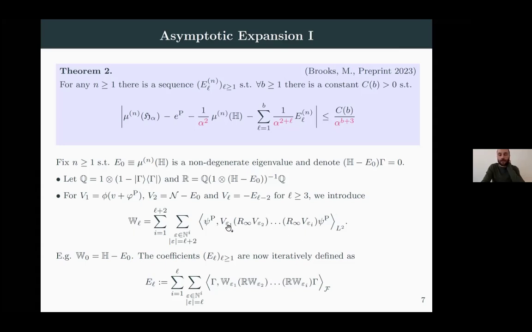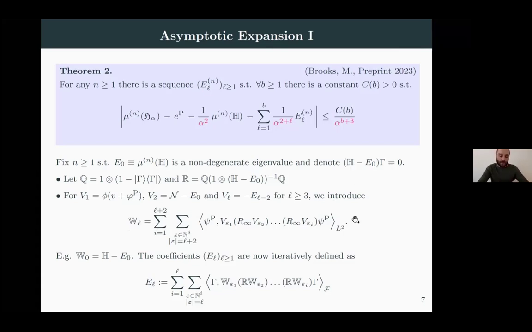And here we take again this partial expectation value in the Pekar minimizer. So these are still complicated operators on Fock space. And the coefficients E_L are now iteratively defined by these expressions, where we now evaluate these combinations of these operators in the state gamma, the eigenstate of the operator H.